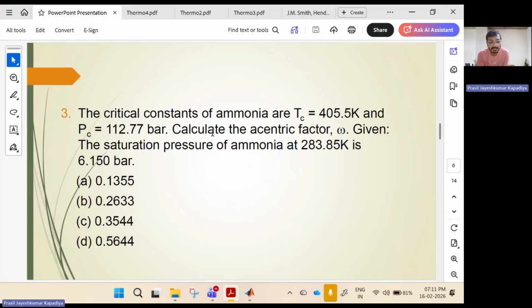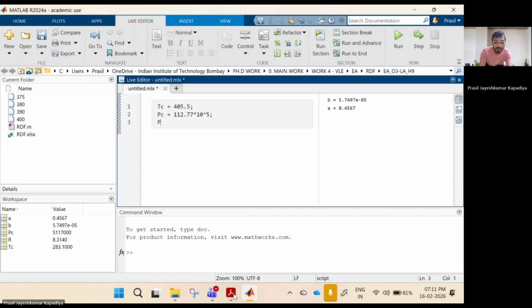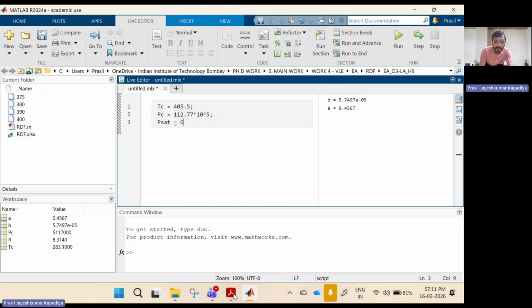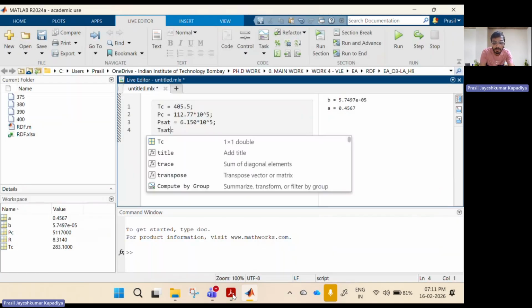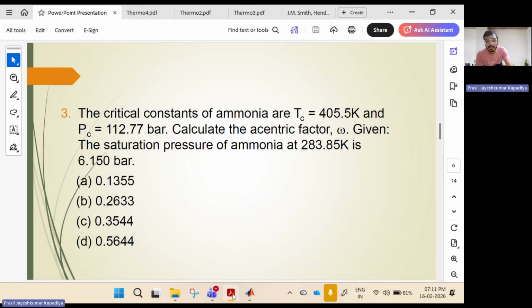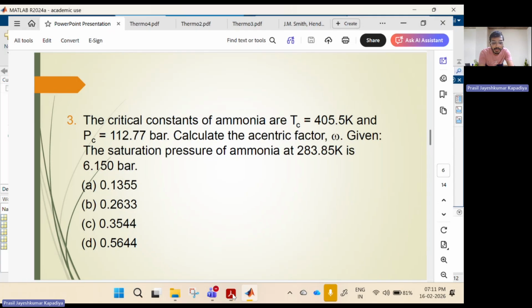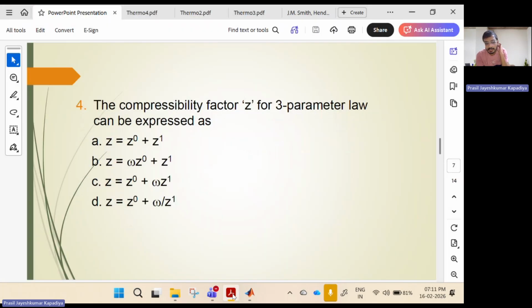And this data is given to us: PSAT is equal to 6.150 into 10 raised to 5 pascals. I am writing in SI units. And T, or Tsat, is equal to 283.85 kelvins.